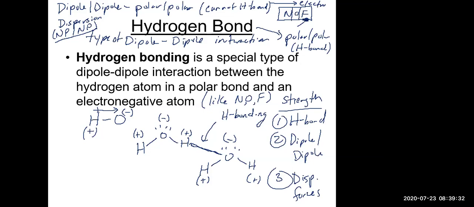Those molecules, as they are moving around, normally do not have a charge at all. There's no positive side or negative side. They can temporarily gain these charges and allow them to interact with each other. But they don't always have that positive side and negative side. And that is the major difference between that type of interaction and hydrogen bonding and dipole-dipole interaction.